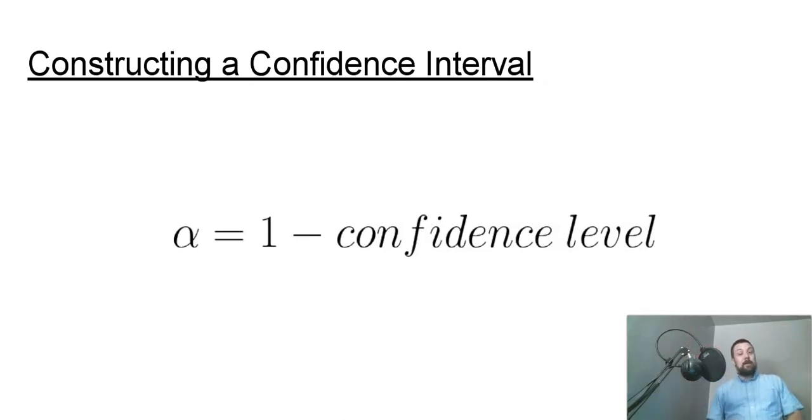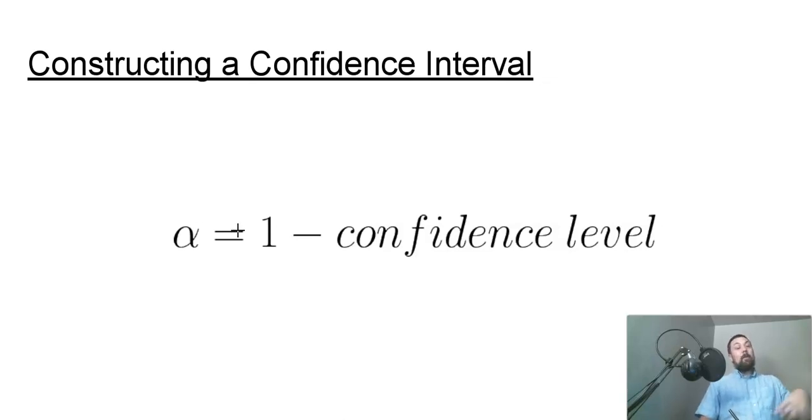If you want to be 100% confident, you've got to go from like 0 to 100%, right? Your estimate's just going to be every possible number that it could possibly be, which is a useless estimate. So you can't be 100% confident because the estimate you get will just be so wide that it encompasses all possible values and makes it useless. So unfortunately, you can't be 100% confident. And the math just wouldn't work out.